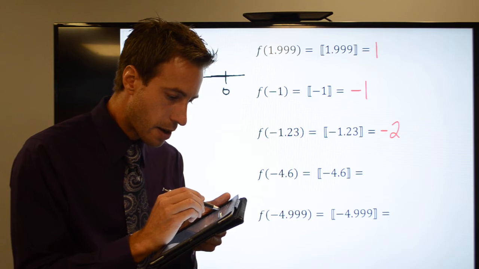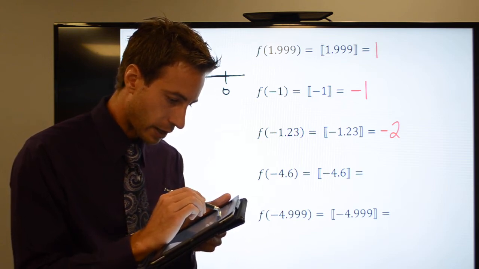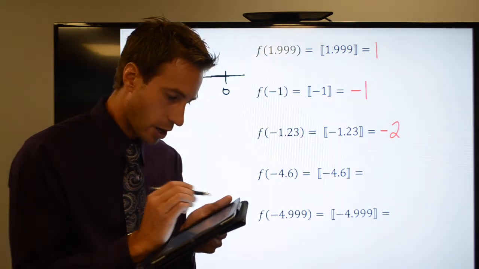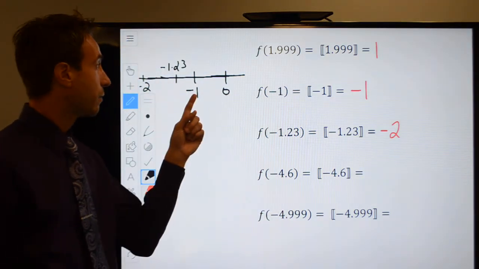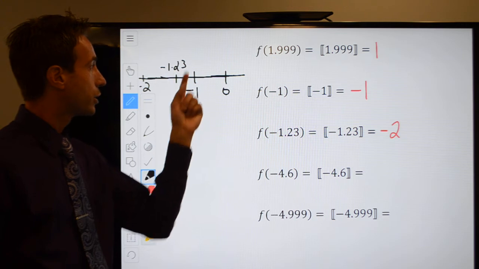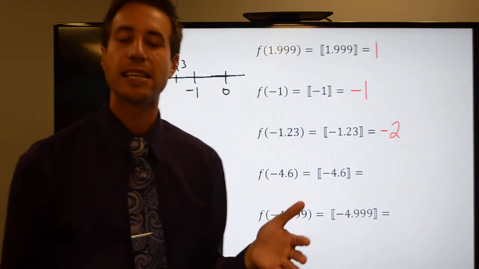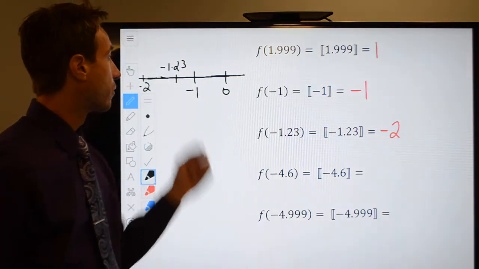Negative 1, there it is. And then we'll put negative 2 way down over here. There's negative 2, and here's my negative 1.23. So here's what I've got: here's 0, negative 1, there's my negative 1.23, and over here's negative 2. Now, I want the greatest integer that is less than or equal to negative 1.23.